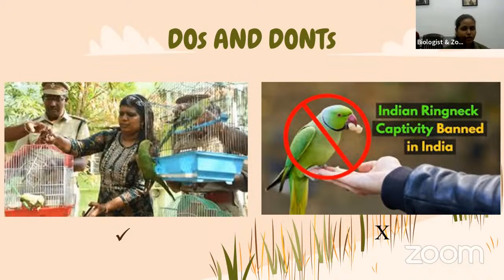What you have to do is hand over the bird safely to the forest department, and what you don't do is keep the bird in captivity, meaning as a pet in your house. If someone around you has a bird, you have to tell them, listen, I have learned this, you are not supposed to keep this bird, it is against the law, so hand over your bird to the forest department.